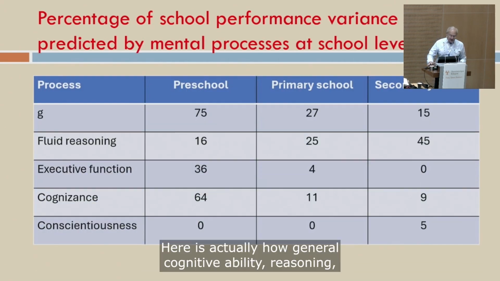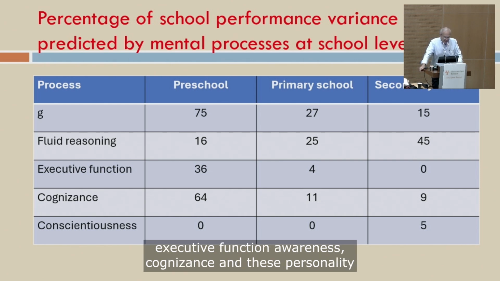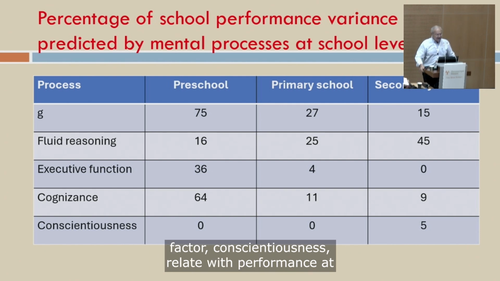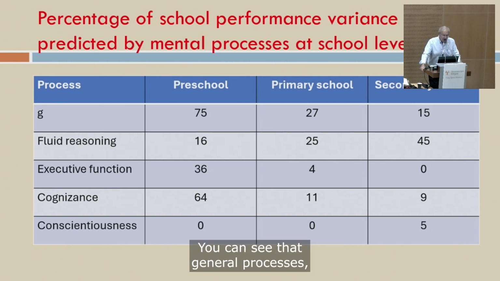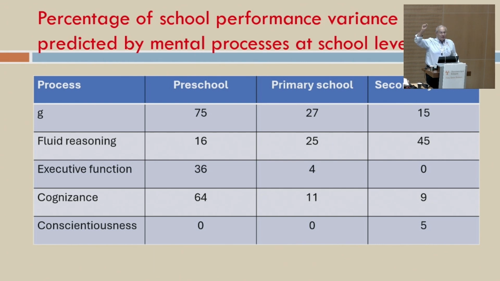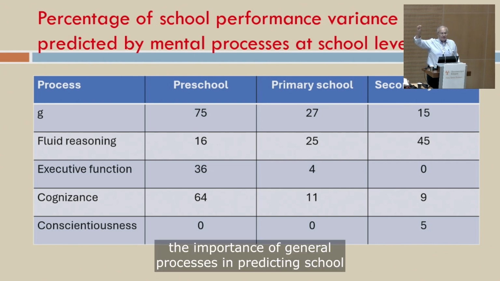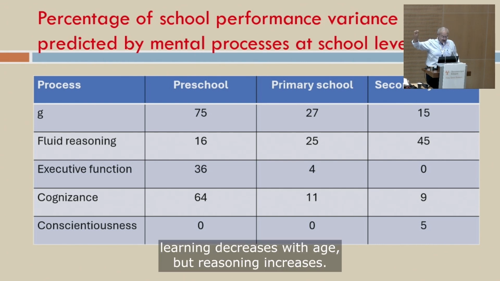Here is actually how general cognitive ability, reasoning, executive function, awareness, cognizance, and this personality factor conscientiousness relate with performance at school, in preschool, primary, and secondary school. You can see that the importance of general processes in predicting school learning decreases with age, but reasoning increases.